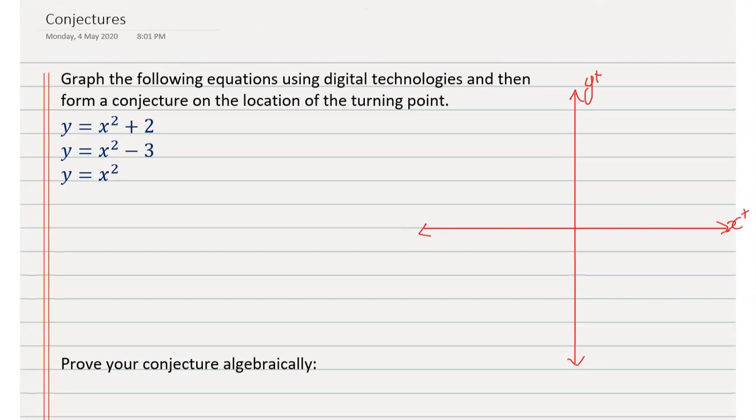Now, most of the time up until now in mathematics, when you've learned something new, you've always assumed that because you learned it in class, it must be correct. But now we're asking you to be the pioneers of mathematics.